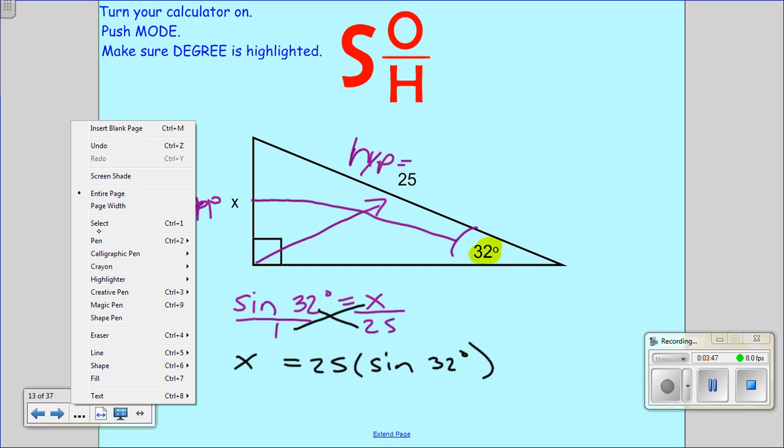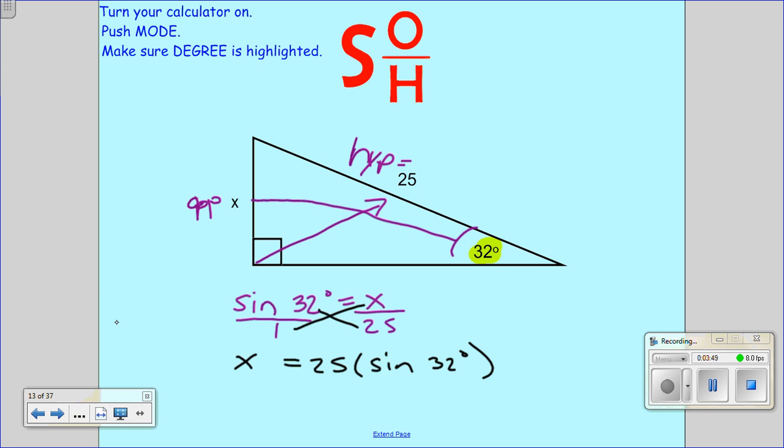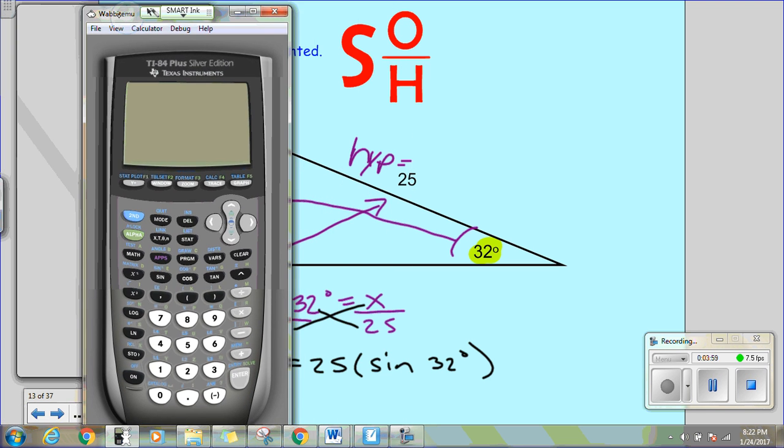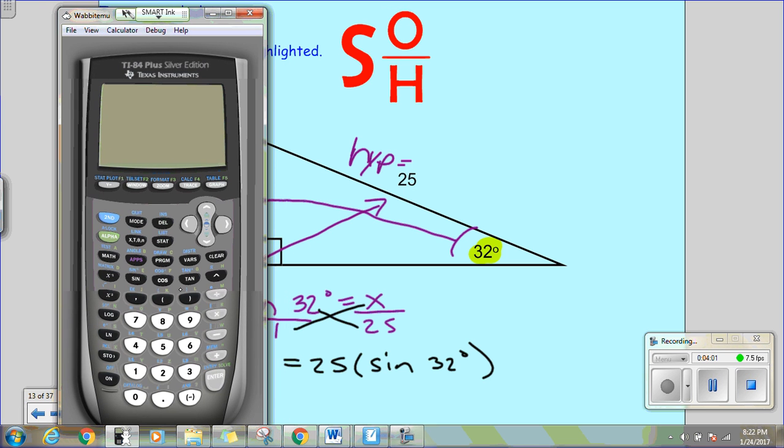So I'll show you both options. First option I'll show you is find sine of 32. So even though I have my graphing calculator, I could even use my computer's calculator and do the same thing.